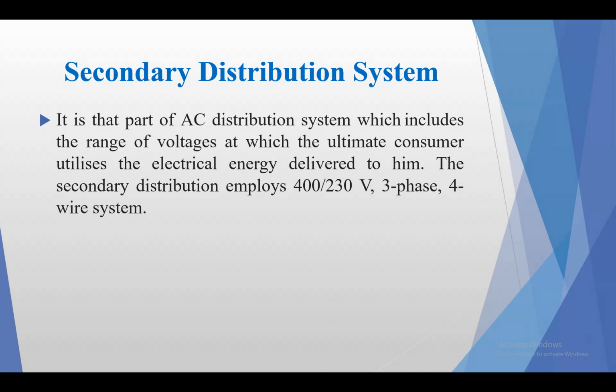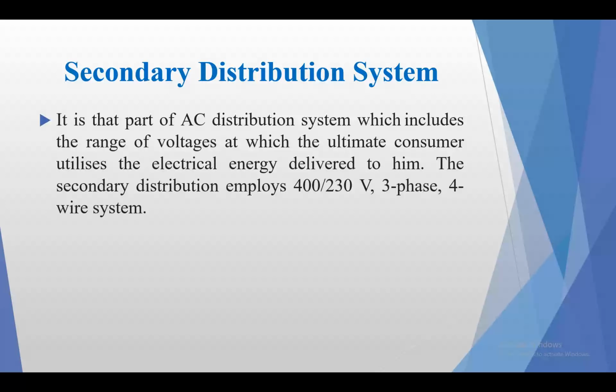Then we have the secondary distribution system. It is that part of the AC distribution system which includes the range of voltages at which the ultimate consumer utilizes the electrical energy delivered to him or her. The secondary distribution implies a 400 or 230 volt three-phase, four-wire system.